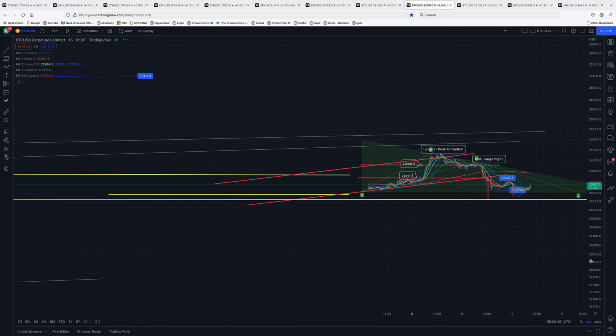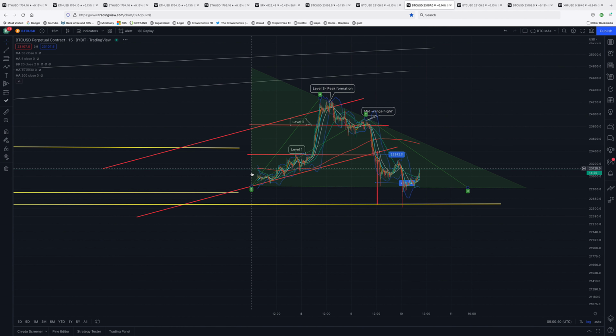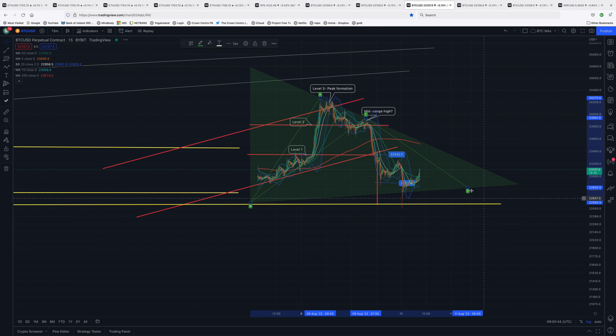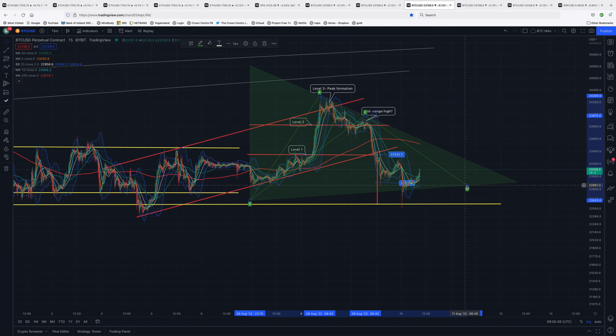There we go. So our 15-minute arc came back here to base. It is a descending arc. So we've had level 1, level 2, level 3.